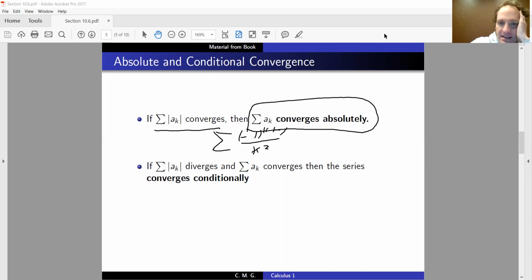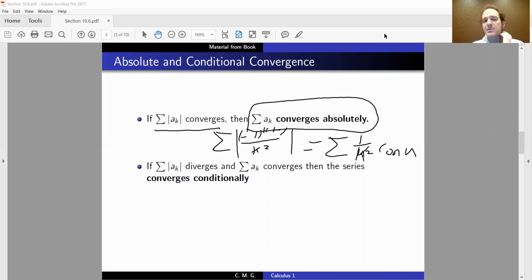And this is actually absolutely convergent because the sum of the absolute values is the sum of 1 over k squared. And last time we showed that this, by the integral test, is convergent. So it converges absolutely, right?